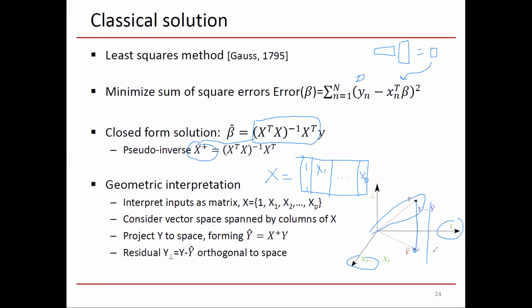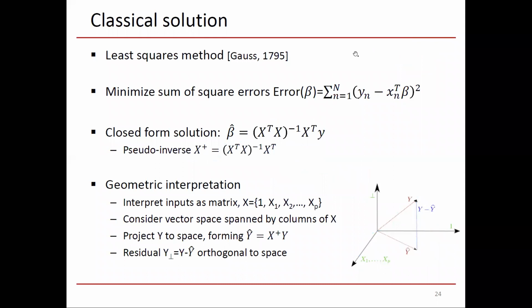So this thing is often called y perp, perp for perpendicular. Perpendicular means orthogonal, right? And the y is mapped to y hat, and that explains why y hat is a good explanation. We project it to the nearest vector in the span space.